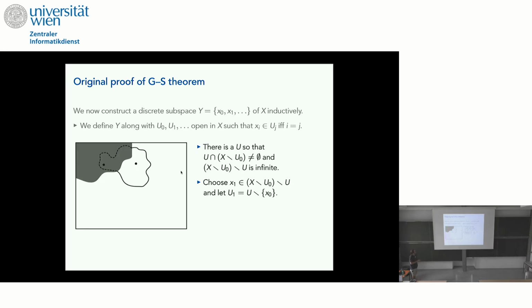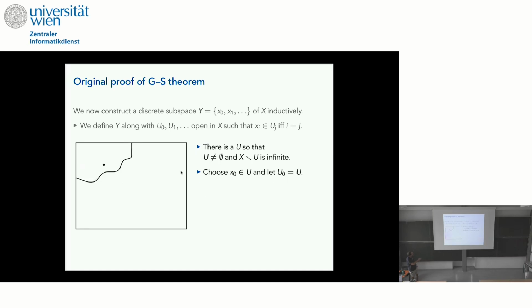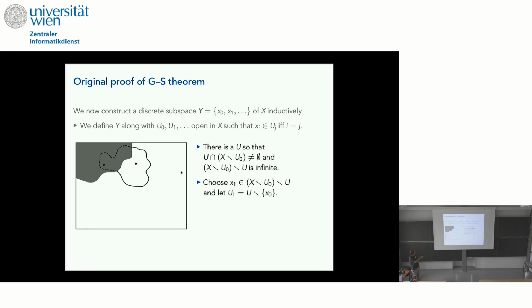Now what do we do? We apply the assumption to this region, to this infinite subspace here. Again, there has to be an open set which intersects this region and whose complement in that region is still infinite. Now that open set might go into the previous region that we did, because the open sets come from the parent space.